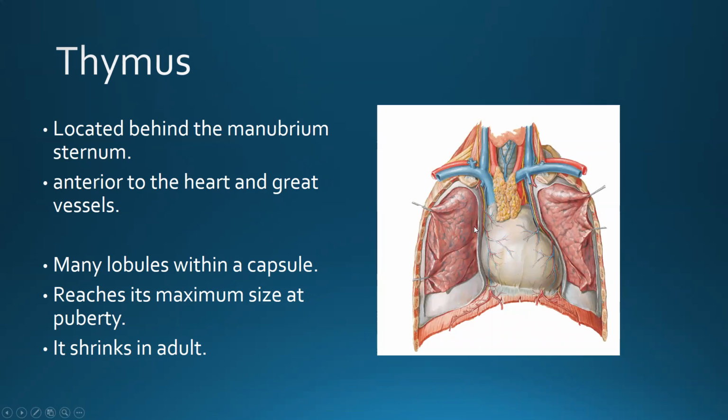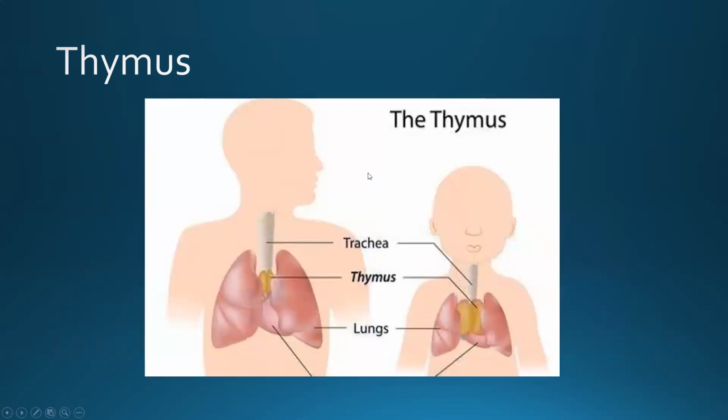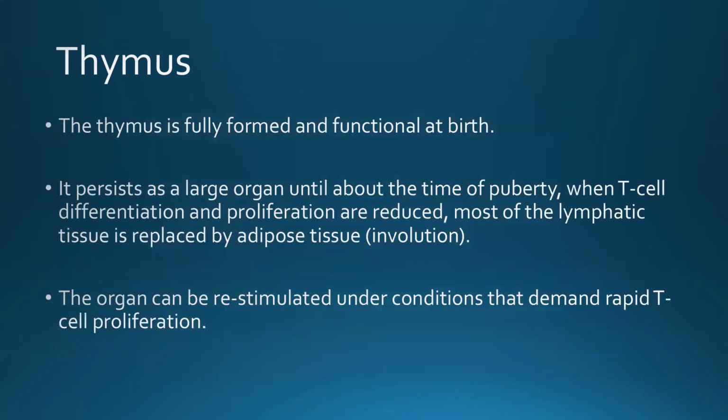It reaches its maximum size at puberty, and after that it shrinks. The adult thymus is smaller than the prepubertal thymus size. The thymus is fully formed and functional at birth.